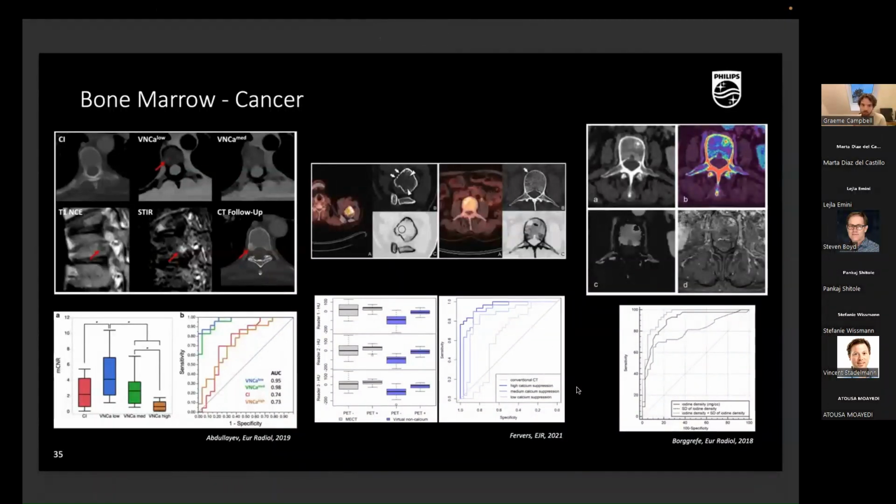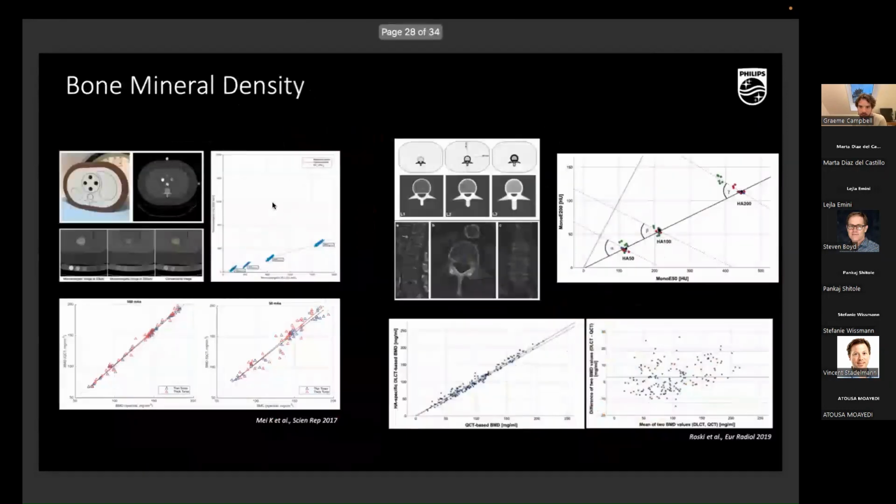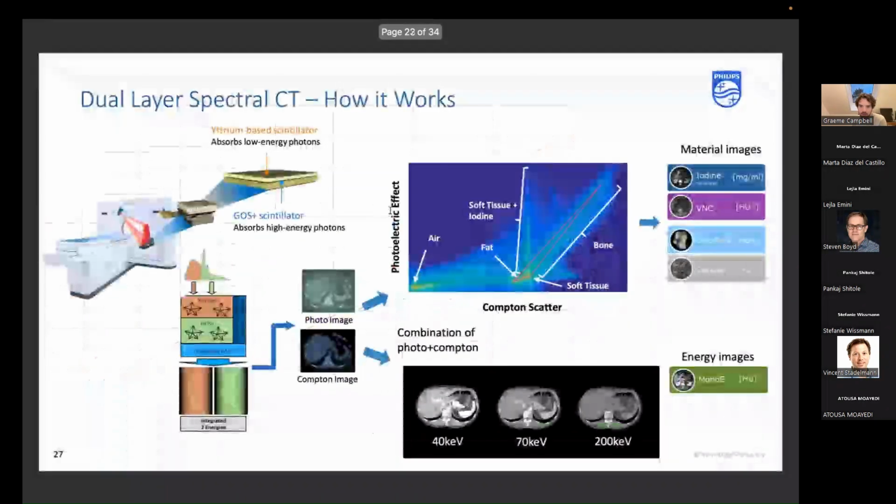Cancer, I showed very briefly, but looking at, for example, detection and characterization of whether a lesion is metastatic, looking at conventional imaging and different levels of calcium suppression. I didn't actually explain that here, but just really quickly, back here, this bone vector is quite wide, because we have different components in the bone, we have different types of bone. So the calcium suppression is able to accommodate what level of suppression I want to do, how much bone I want to suppress.